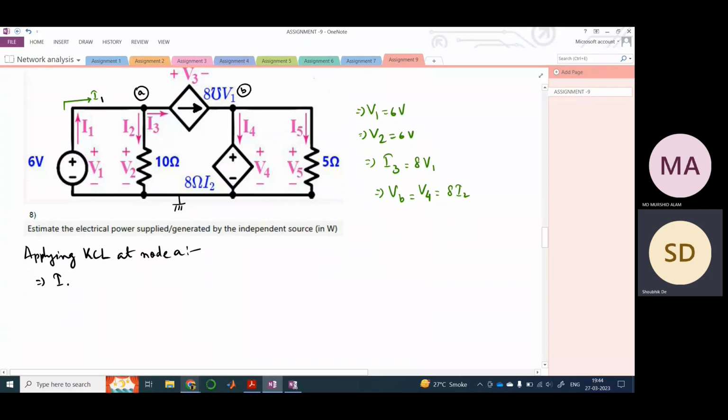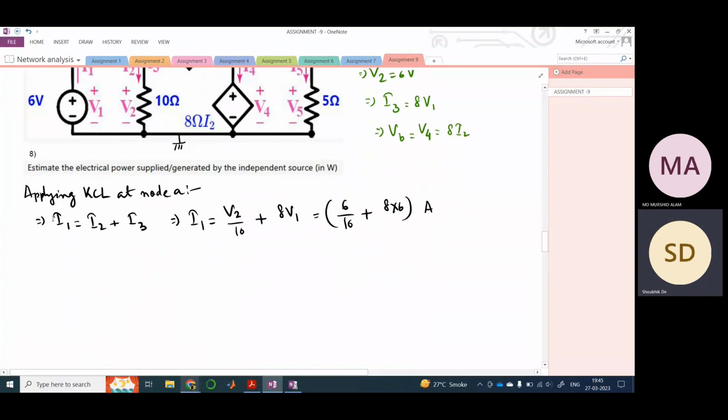Therefore, I1 equals I2 plus I3, right? So, what is your I2? I2 is nothing but V2 by 10. We already saw it, and I3 is nothing but 8V1. Now, V2 is 6 volts, therefore 6 by 10, and V1 is also 6 volts, therefore 6 into 8. This is in amperes, right?